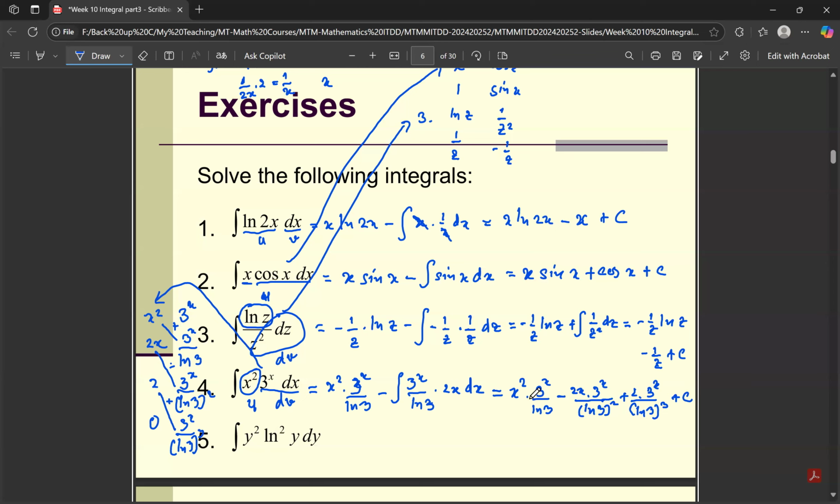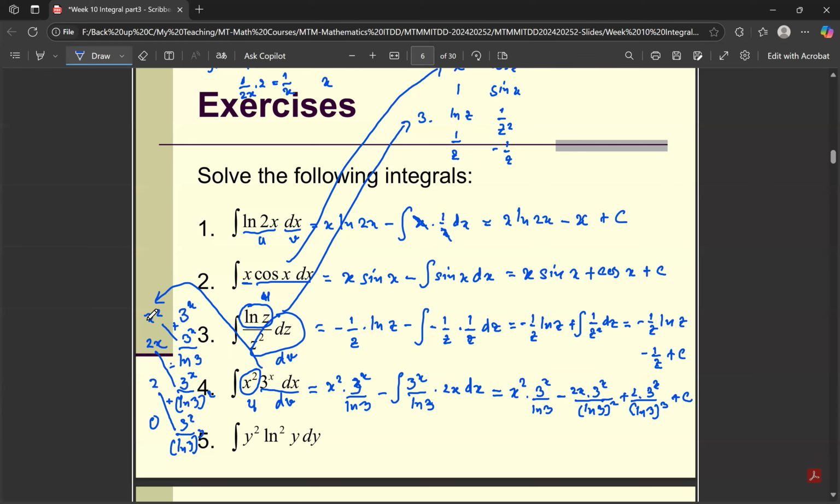This is the approach to solve the problem by using columns. So we don't need to do integral by parts multiple times.